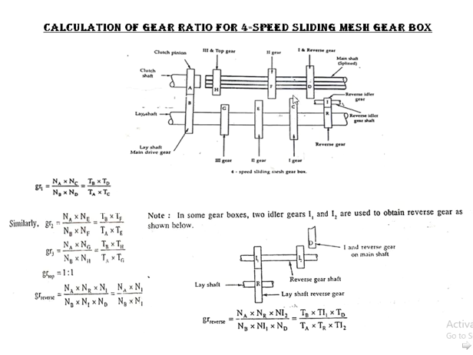When these two are connected, the power is transmitted to the main shaft. It becomes the first gear. So the flow is: clutch shaft, clutch pinion, lay shaft main gear drive, along with that the first gear indicated by C, and D is connected to it by sliding, and the power is transmitted as first gear.